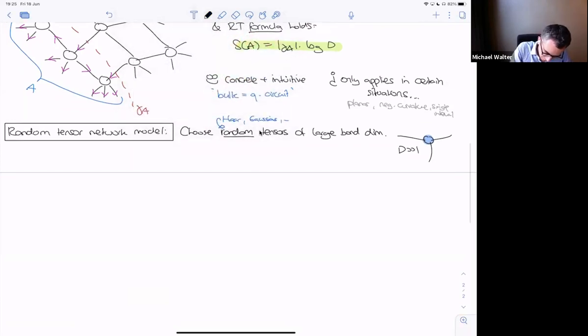And what's the motivation? Well, one motivation is that one can show that random tensors are close to perfect with high probability. So in large bond dimensions, a tensor that you pick at random is approximately an isometry from any number of legs that's less than half, in a certain sense.